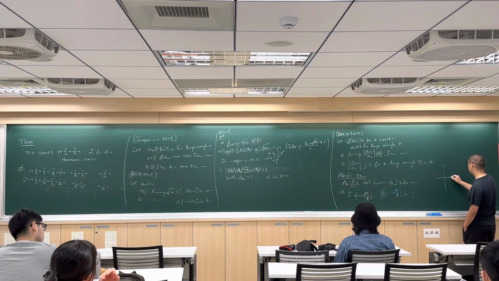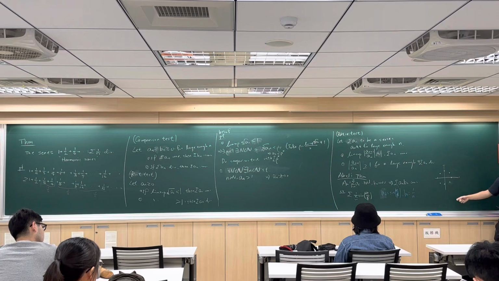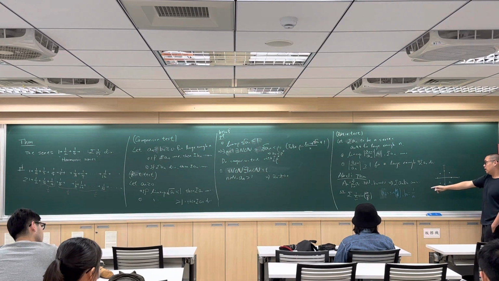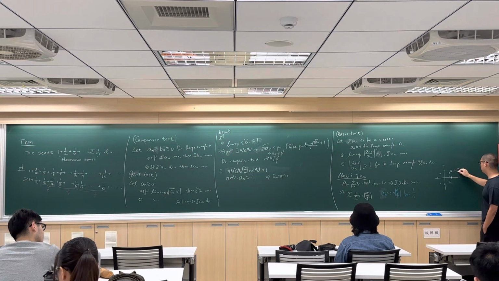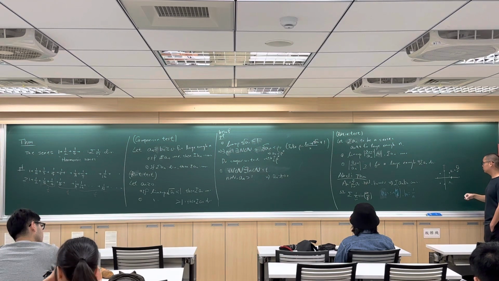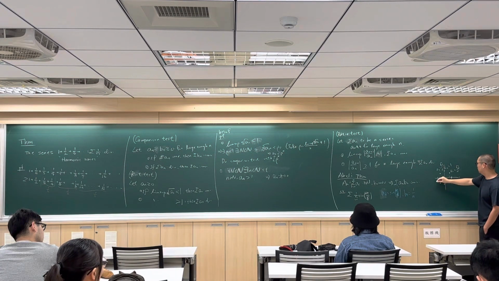You're adding up the values of sine circularly. So A_0 will be 0, A_1 will be 2 over square root 2, A_2 will be 1, A_3 will be this one, and A_4 will be 0.